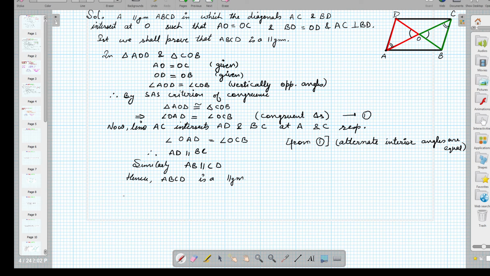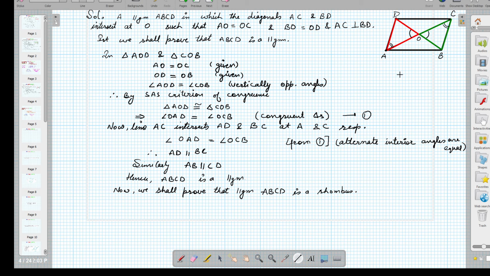Now we shall prove that the parallelogram is a rhombus. So next step, we shall prove that the parallelogram ABCD is a rhombus. So again we are going to consider two triangles.